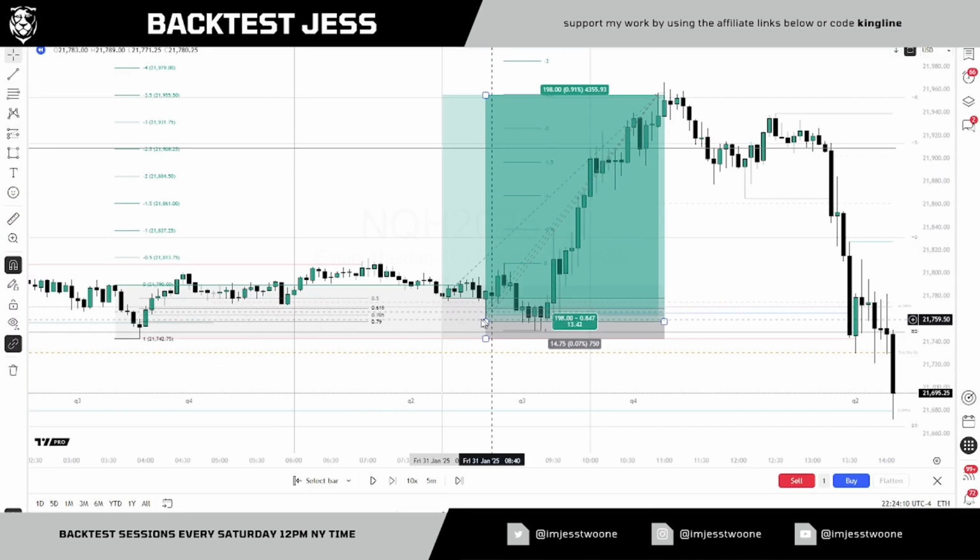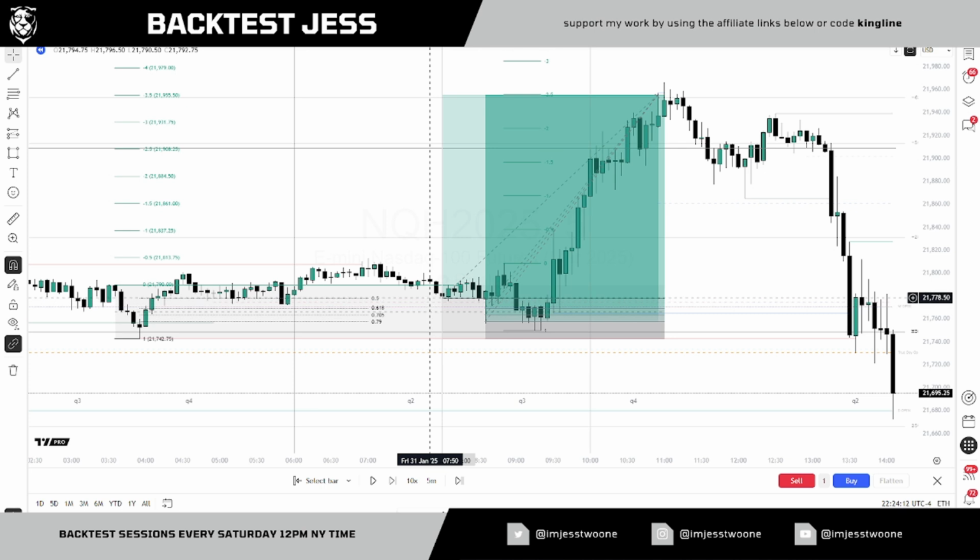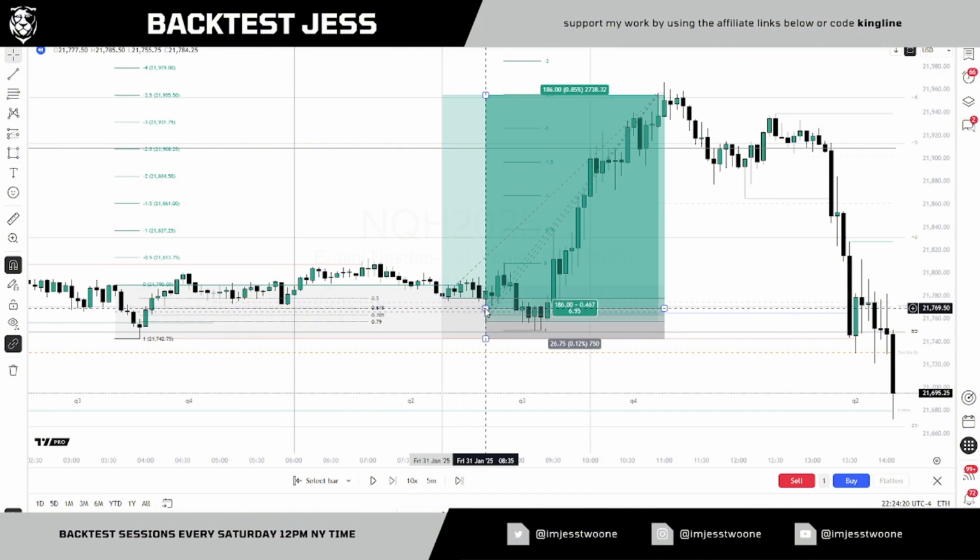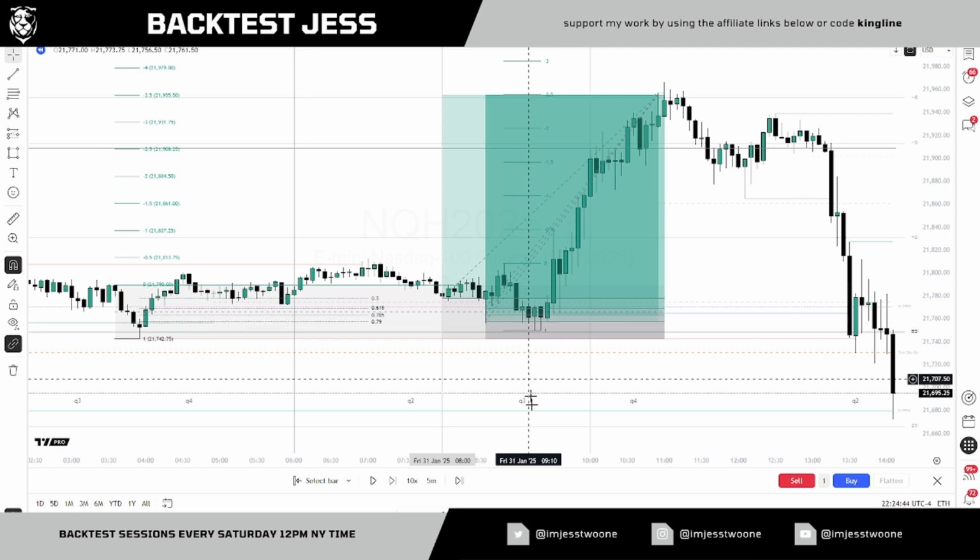And all in inverse OB. Inverse BPR, actually no, inverse. Oh hold on. Fair value gap and OB.